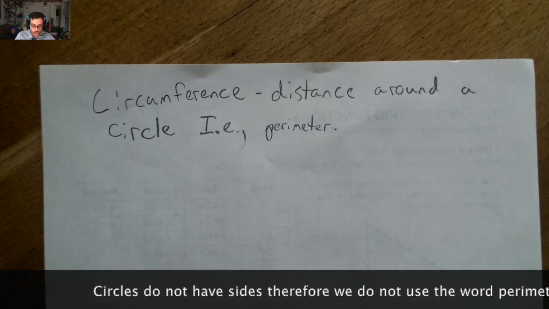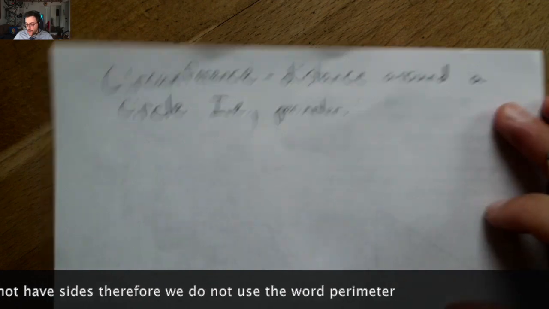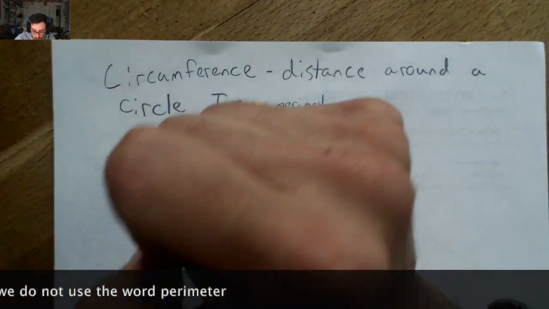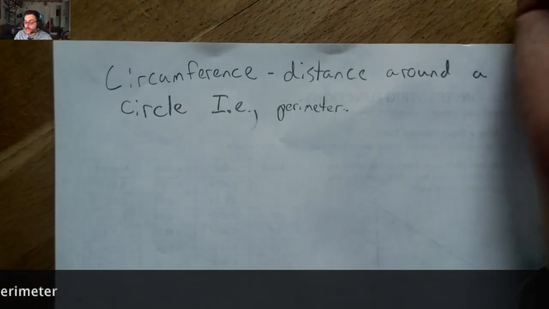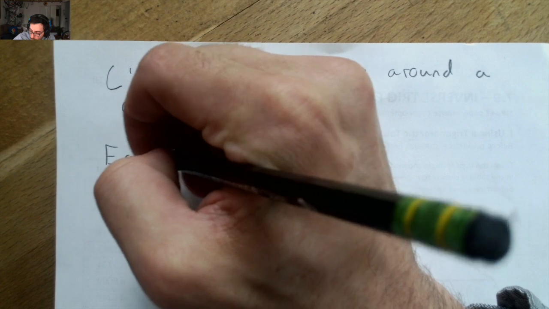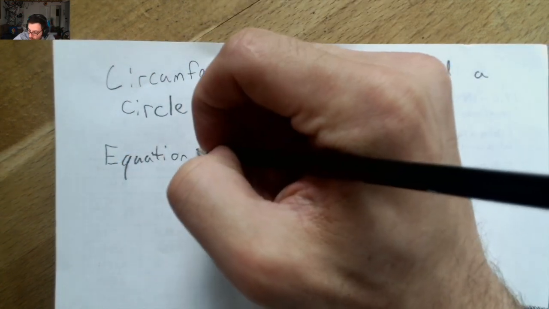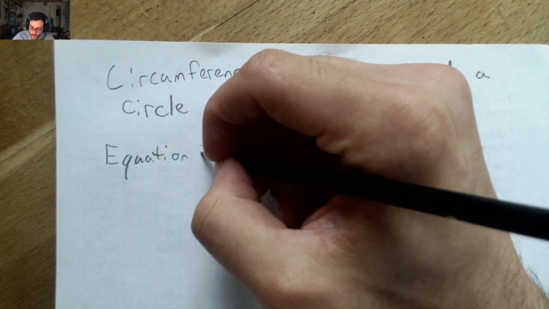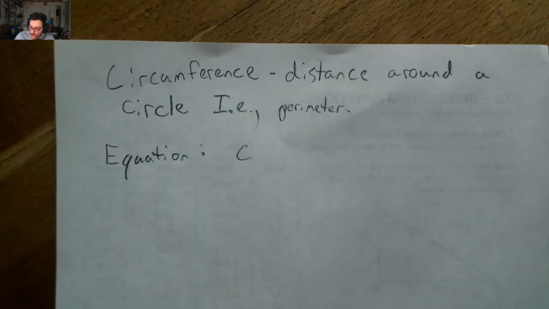So our equation is going to be different than our area. As you can guess, the circumference itself, just that measurement, just like the perimeter in comparison to area, is going to give us a smaller number. The equation that we're going to have set up is we're going to use the letter C for circumference.